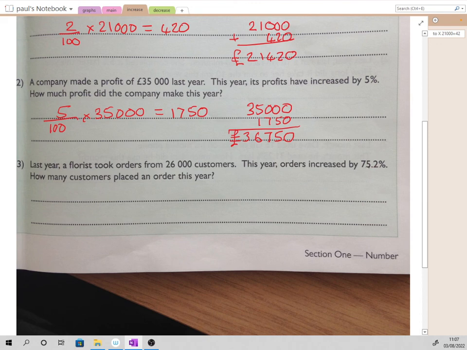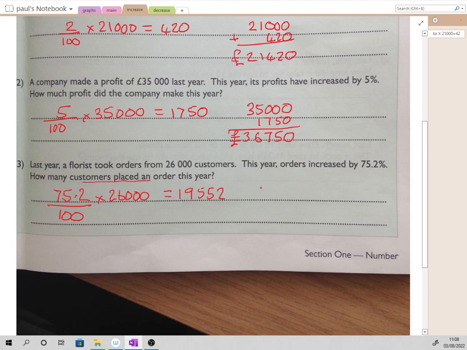So let's find out what 75.2% is. 75.2 divided by 100 times 26,000 is equal to 19,552.